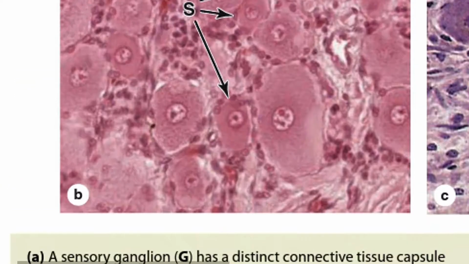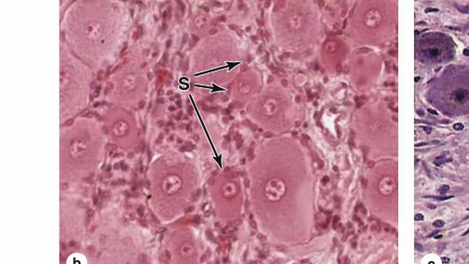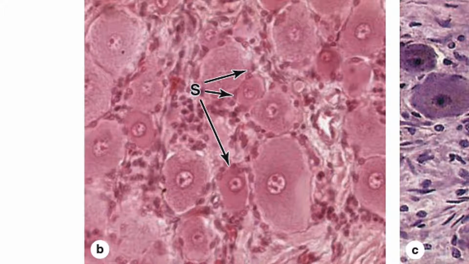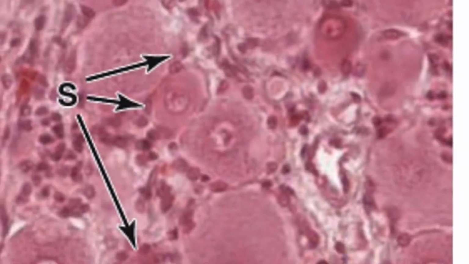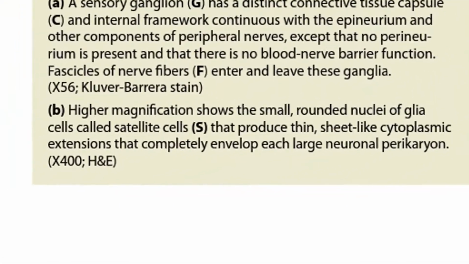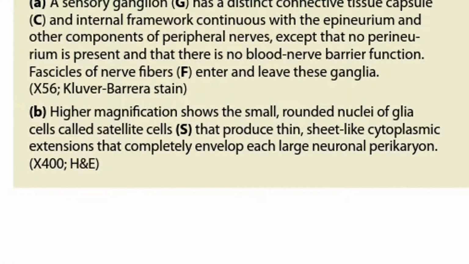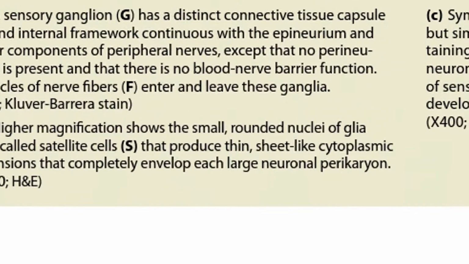Now in figure B, S is the satellite cell, a glial cell, and all these are the cell bodies. Higher magnification shows the small rounded nuclei of glial cells called satellite cells, and they are enveloping, surrounding the neuronal perikaryon.